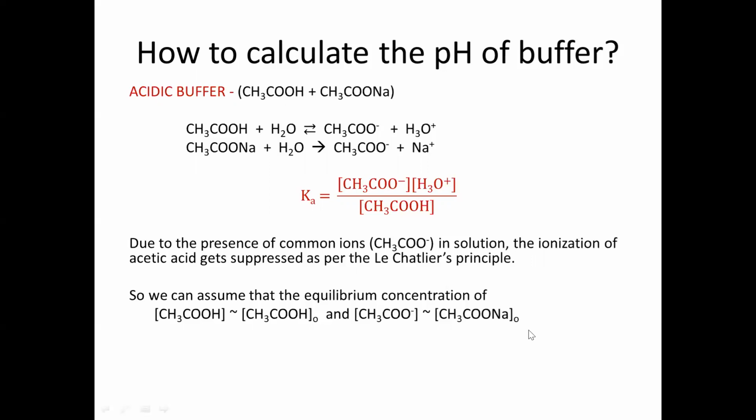Now replacing these assumptions in the equation for Ka, we can write that Ka is equal to the initial concentration of sodium acetate, which is equal to acetate ions, times the H3O+ concentration, divided by the initial concentration of the acid, which we have assumed to be equal to undissociated acetic acid.